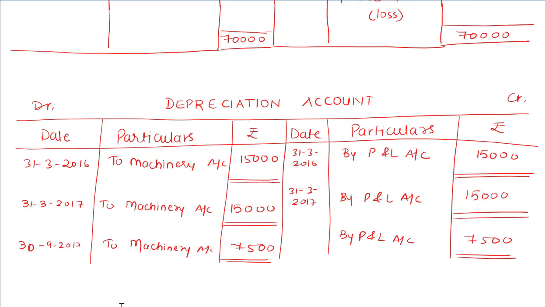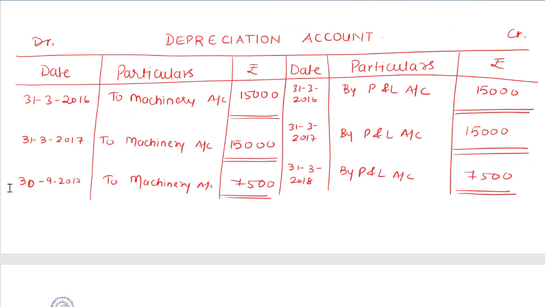So by P&L account, the date would be 31/3/2018. This should be transferred to profit and loss account. So we have transferred 7,500 to profit and loss account. I believe you understood this.